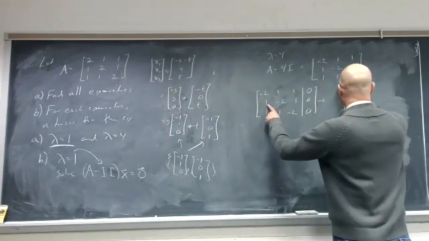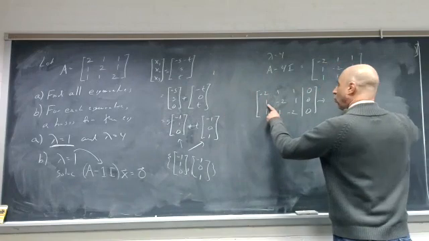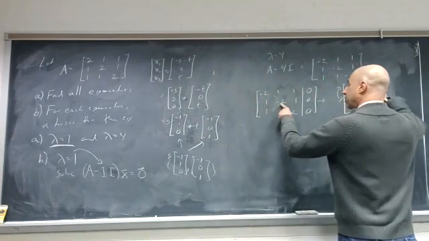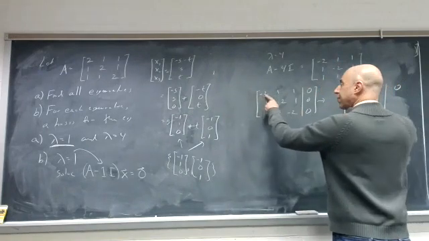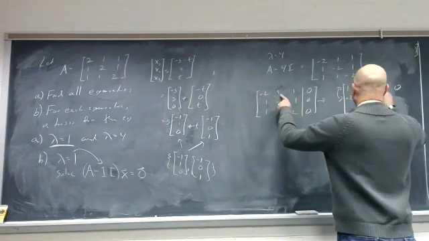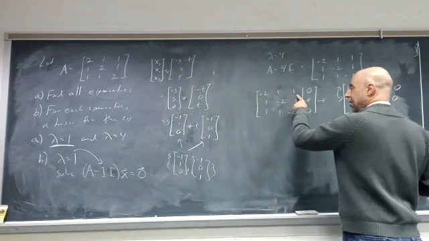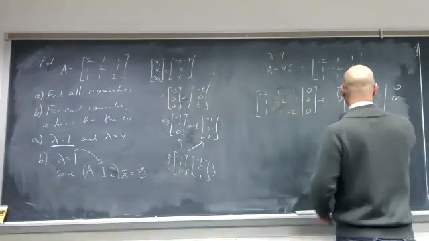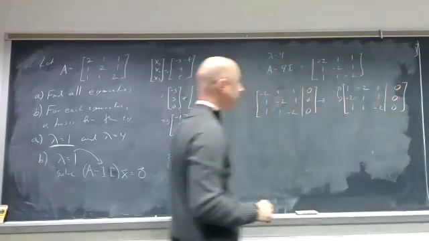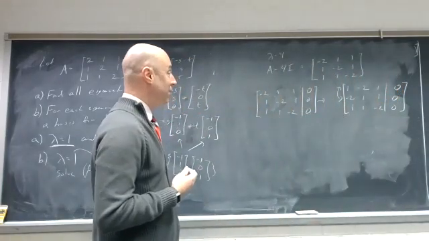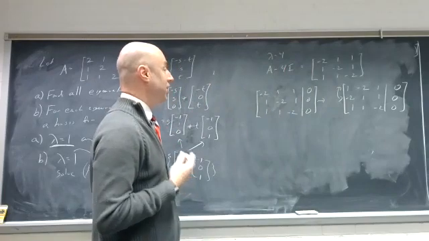So I'll just switch the first and the second: 1, minus 2, 1, 0, minus 2, 1, 1, 0, and then 1, 1, minus 2. Now I have a 1 in that upper left-hand corner. I want to get zeros below it.